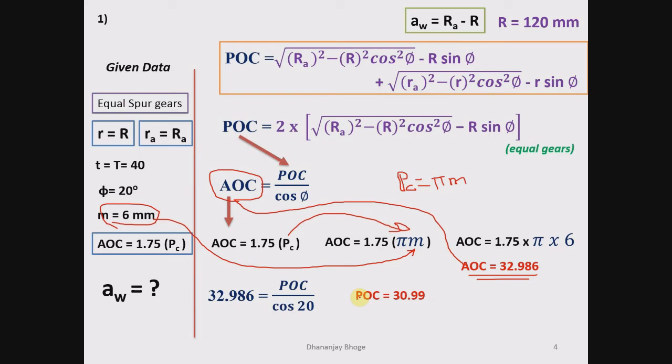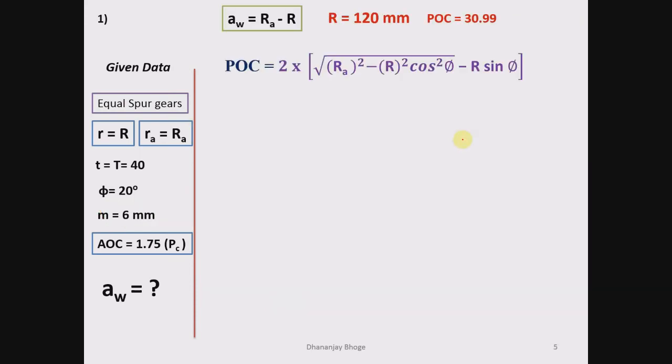Now what should the next step be? We go in reverse now. Where will we put the value of path of contact? In this equation. So now write this equation. Path of contact equals 2 times these things.